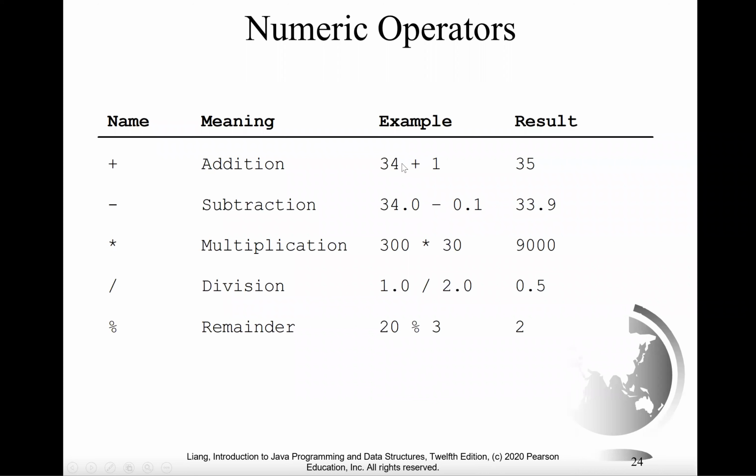These are the 5 numerical operators for performing numeric operations: addition, subtraction, multiplication, division, and remainder.